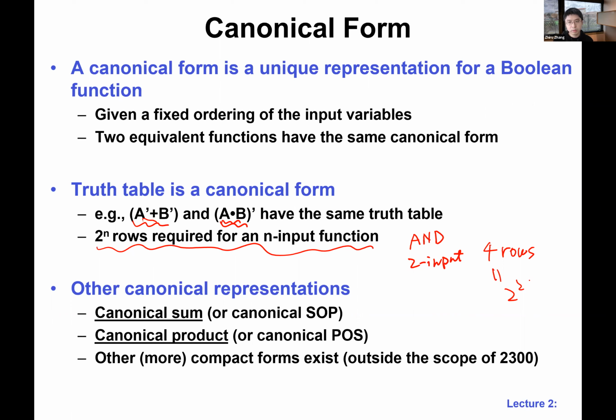It's really about how many input combinations you have. So for an n-input Boolean function, we have 2 to the n input combinations. Make sense? For 2 inputs, we have 4 input combinations. That's where we have 4 input rows in the truth table. Got it. Thank you. Good question.